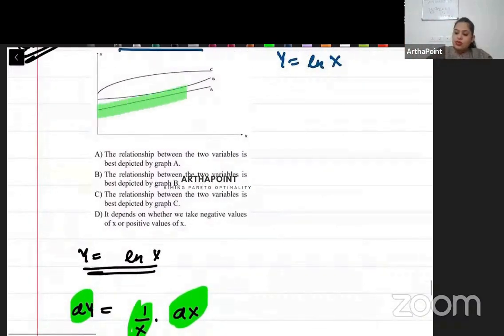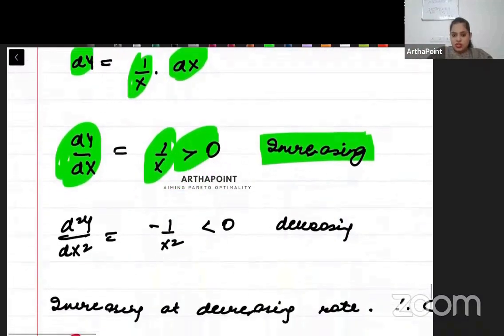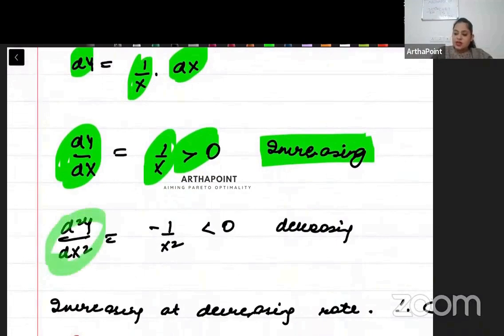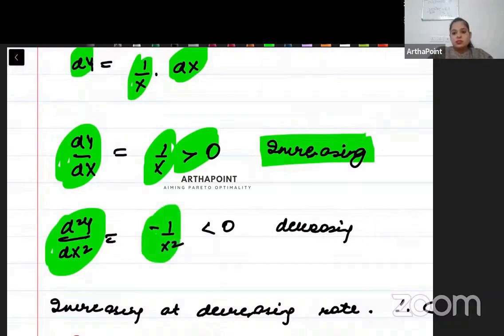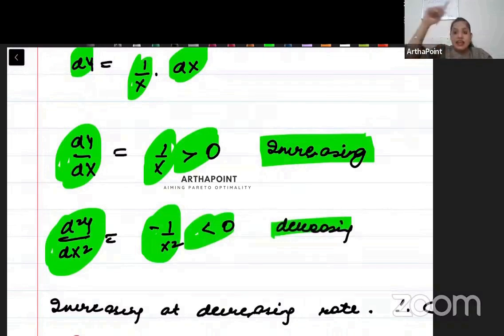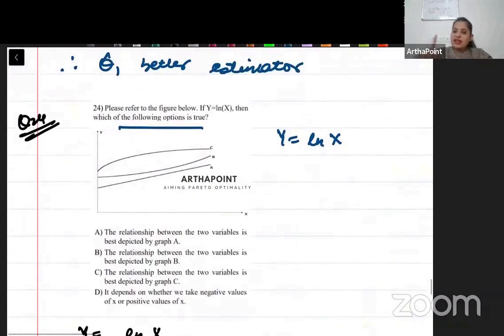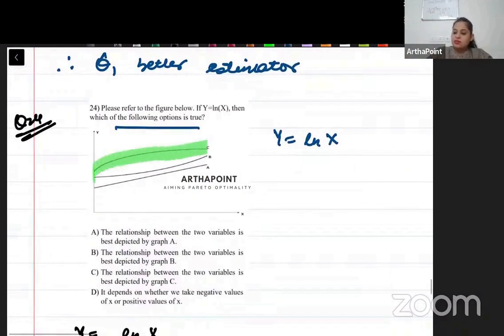But all three curves have an increasing slope. Now I have to check the rate at which it is increasing. So I will differentiate again with respect to x. And I will get minus 1 by x square, which is less than 0, which is negative. So my curve should be increasing, that means upward sloping, but at a decreasing rate. Where is that happening? In C.